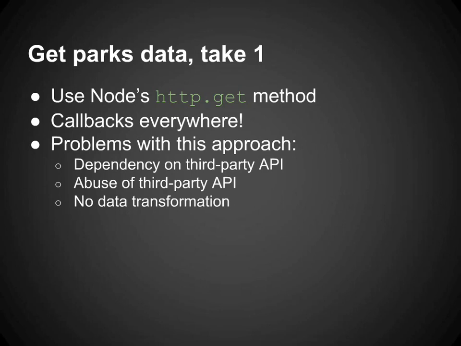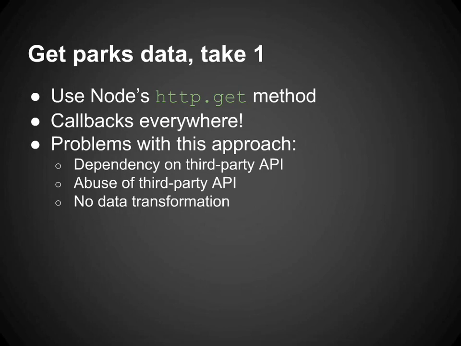And the problem with this approach is that, because we're making the HTTP GET every time a person goes to the page, we now have a dependency on a third-party API, which means we could potentially be abusing the third-party API. If 1,000 people an hour are looking at this site, then that's going to be passed on to the city of Portland, and they're going to be like, hey, why is your app using all these API calls?